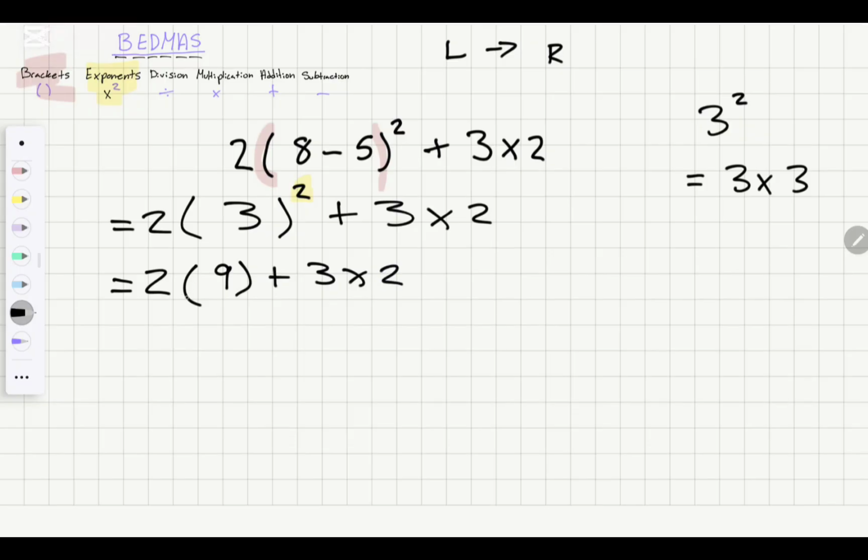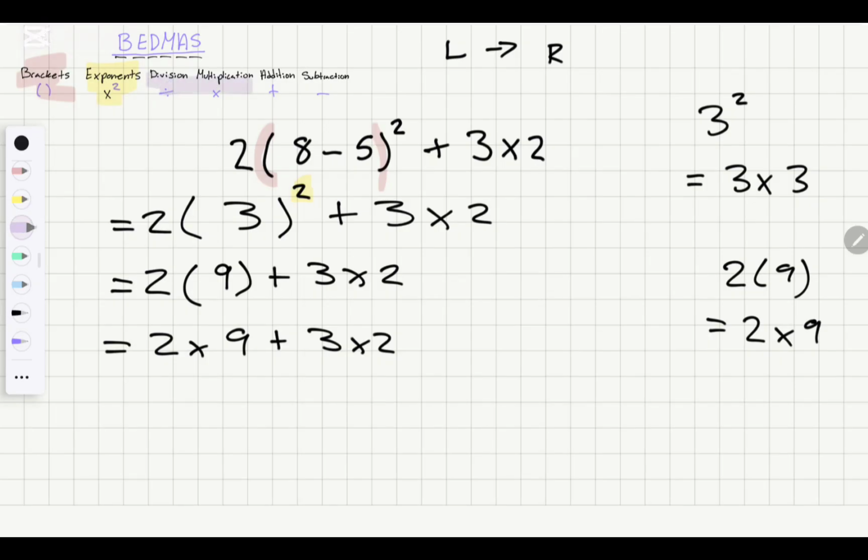And I'm going to rewrite this 2 bracket 9 as 2 times 9 plus 3 times 2, because this 2 bracket 9 is equal to 2 times 9. Alright, now do we have any division and multiplication? Yes, we do. We have multiplication right here and right here. So let's solve that. 2 times 9 is 18. Bring down my plus, and 3 times 2 is 6.